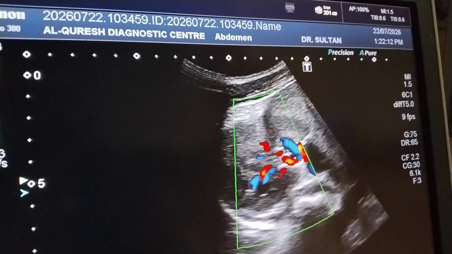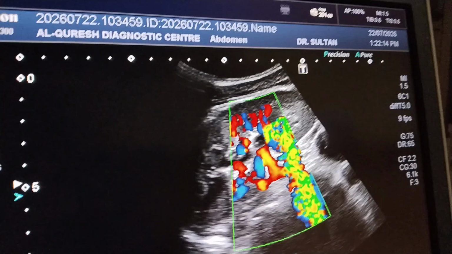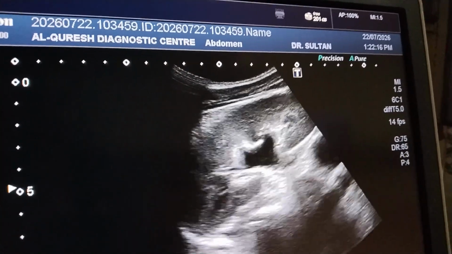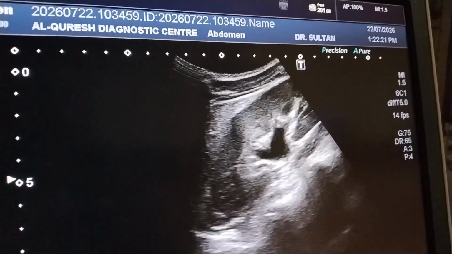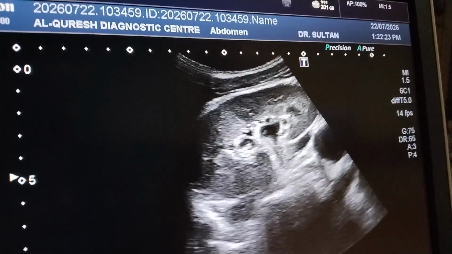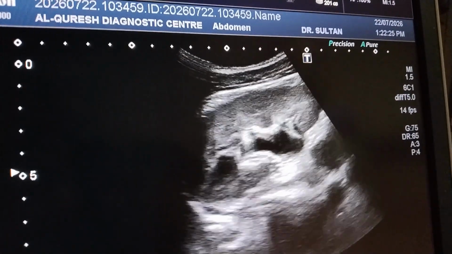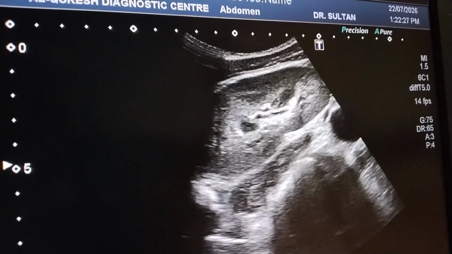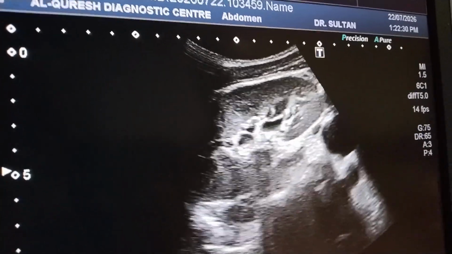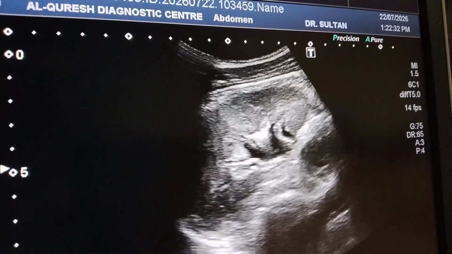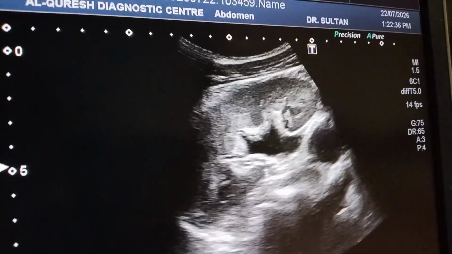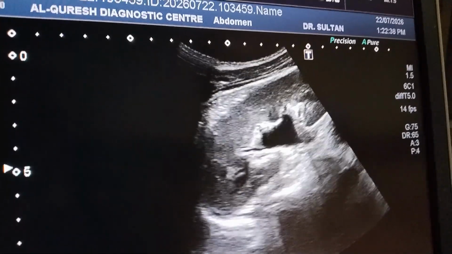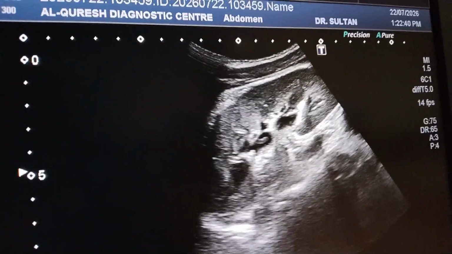Now I will talk again about the word we use, concretion. Sometimes in ultrasound reporting, we report a tiny calculus or echogenic focus as a concretion.